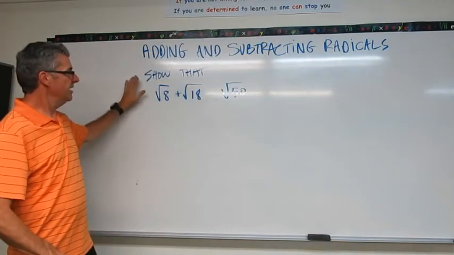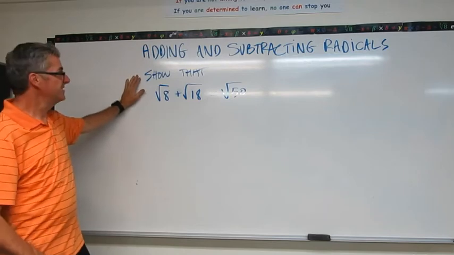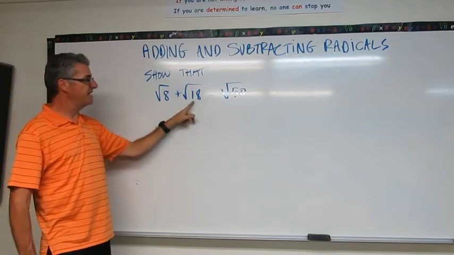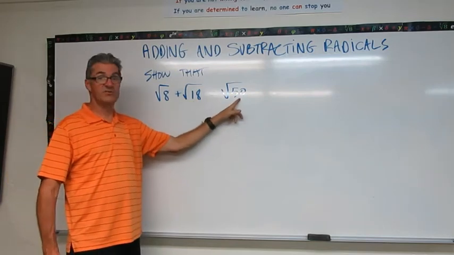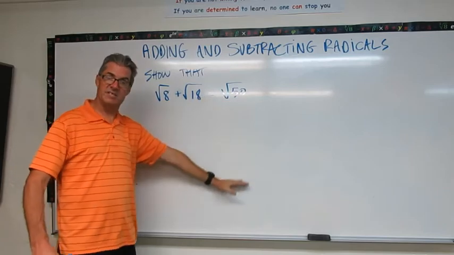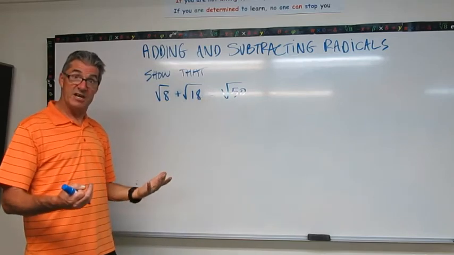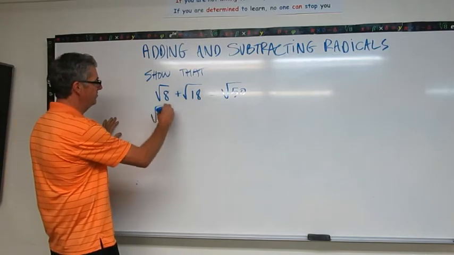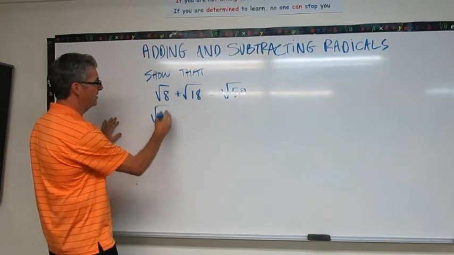Okay, you're going to get problems that are written like this. It's going to say something like, show that root 8 plus root 18 is the same thing as root 50. So what we're going to do is work each side of these, put them in simplest form, and see if they're equal. What's root 8? Root 8 is root 2 times 4.